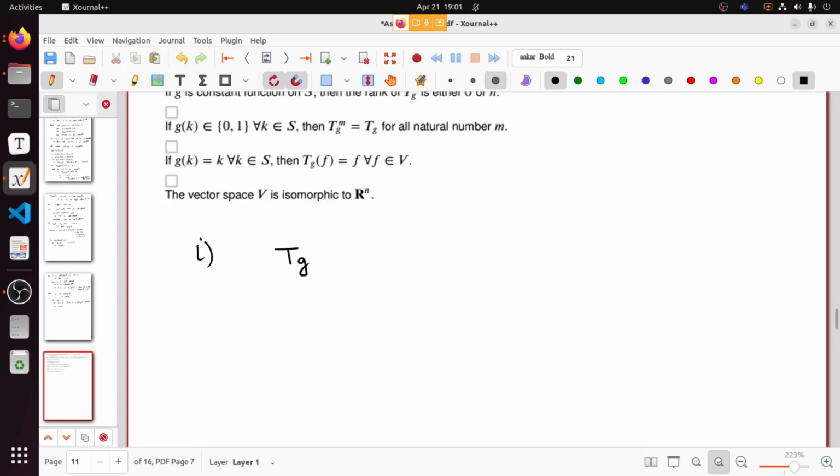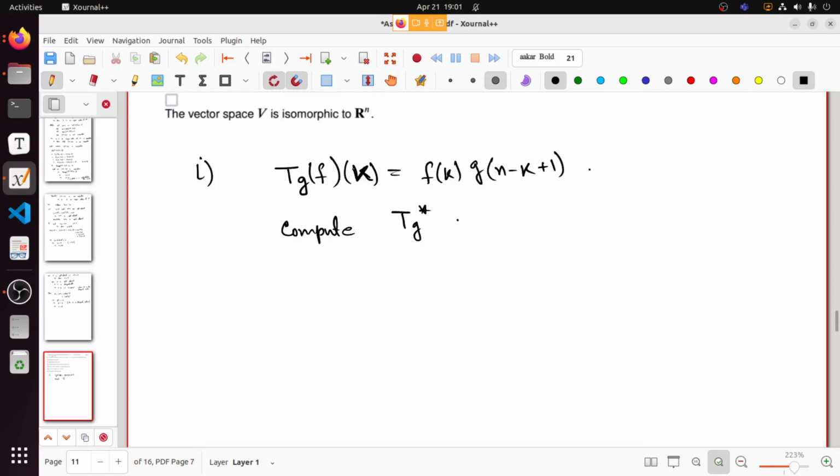So let's compute this. How is Tg defined? Tg f evaluated at the point k is f(k) times g(n minus k plus 1). Now we have to compute Tg star. So let's compute the inner product of f with Tg star h.